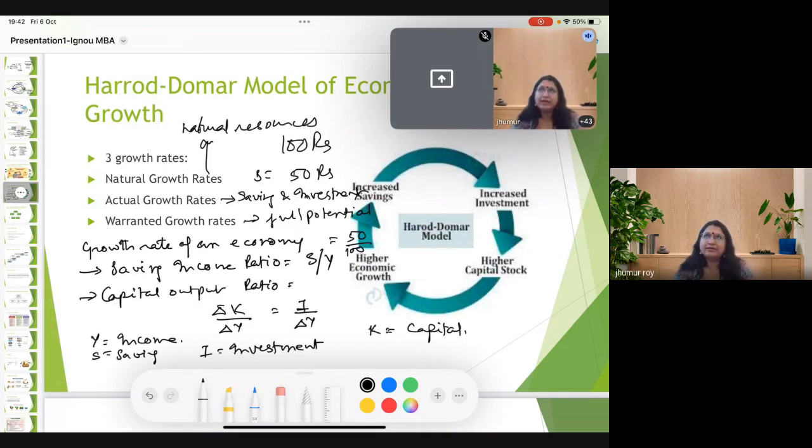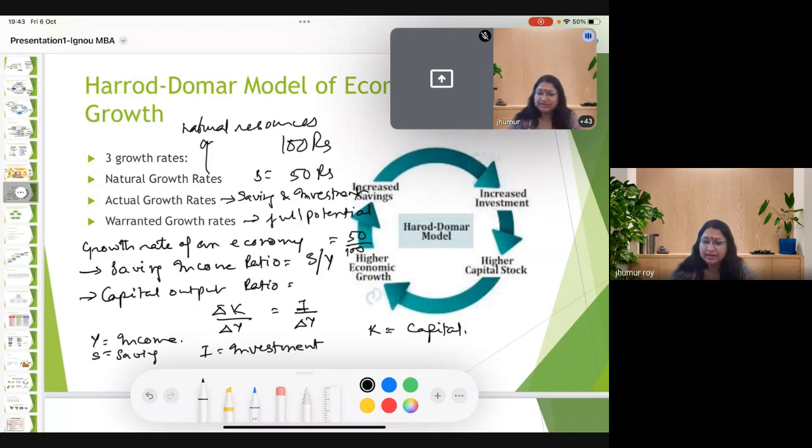Currently, all people are not employed and a lot of resources are not being used, but if I use every single resource, what is my output going to be? That is my warranted rate of growth. It tells me that if everything in the economy is used, I will achieve a 10% rate of growth. Currently, I'm not able to utilize all my resources, so the growth rate is only maybe 6% or 5%. Okay, is it clear?